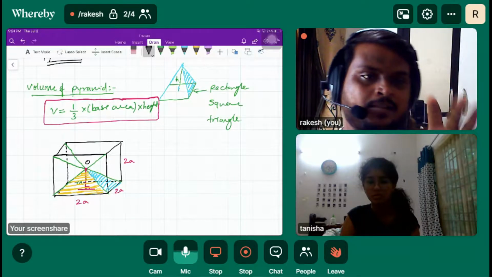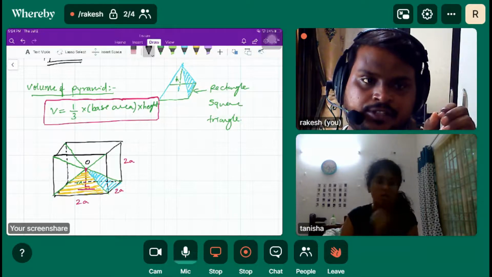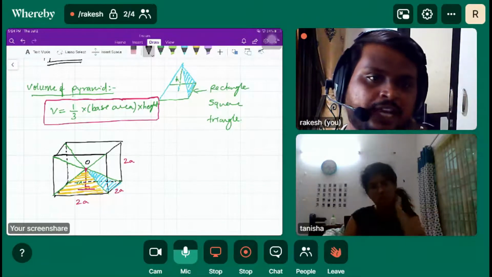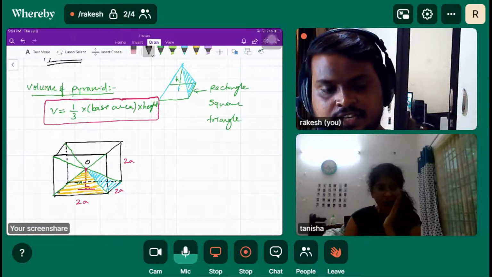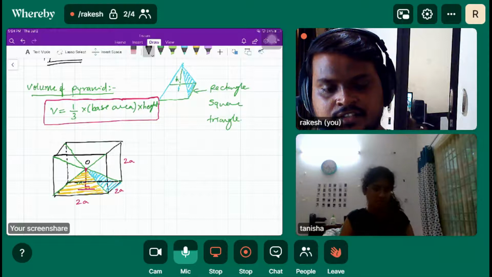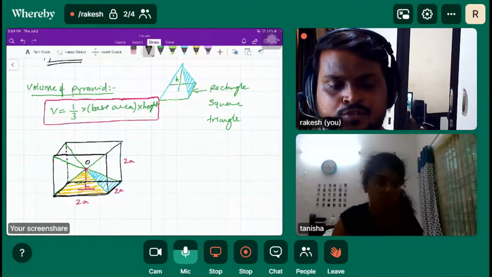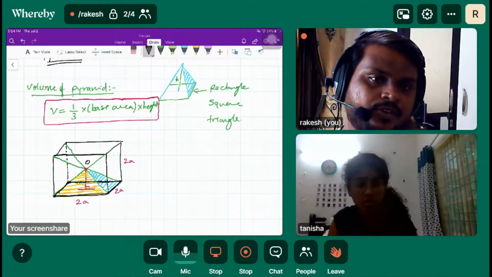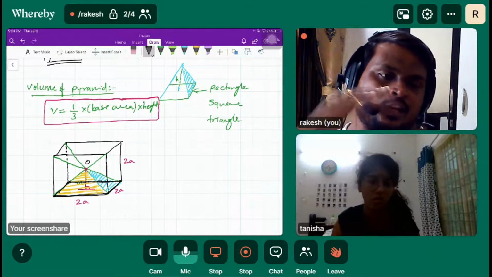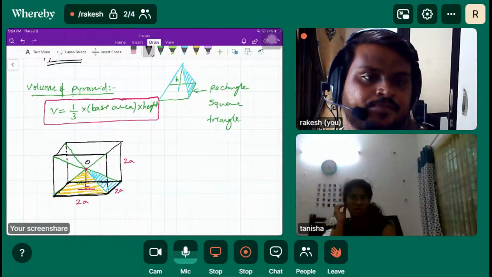I'll help you to figure out the number of pyramids in this cube. We have one face as a base here. This is the base of this pyramid. We have used only one base for this pyramid. How many such bases are there, or how many surfaces of this cuboid are there?